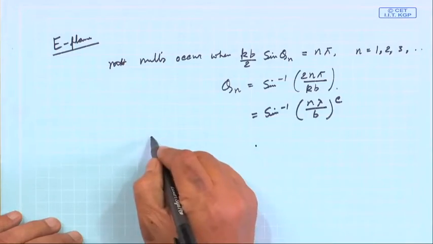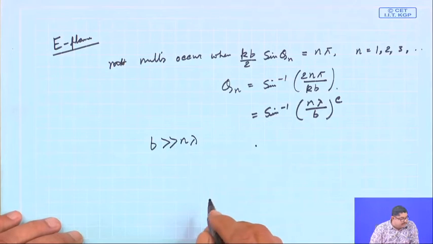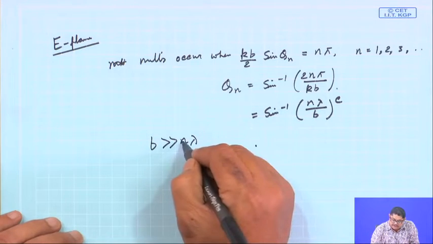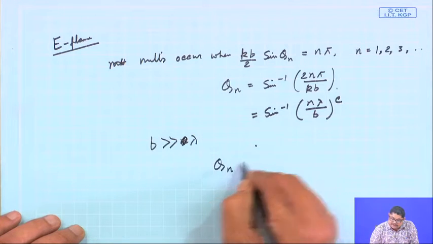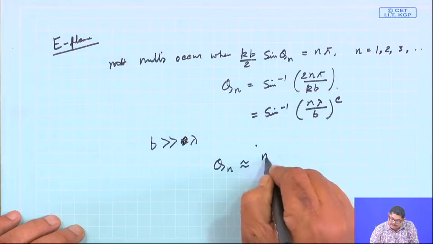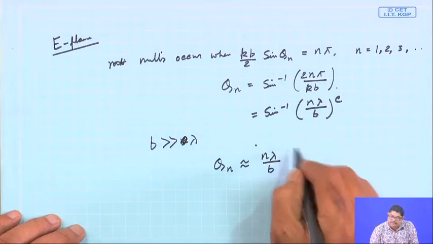For any practical antenna, the dimensions should be several lambdas long, otherwise you do not get the interference pattern. So, we can assume that b is much larger than lambda, and I can say that theta n is approximately n lambda by b in radian.